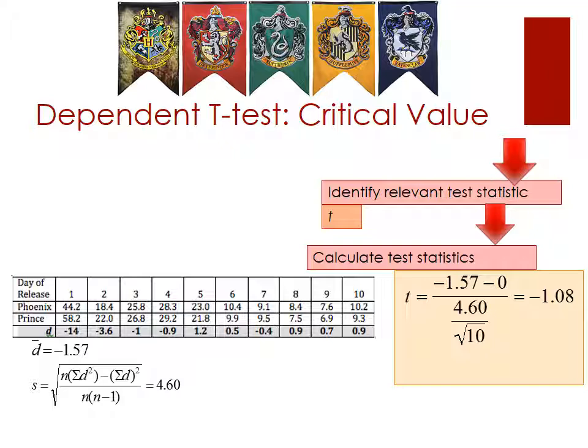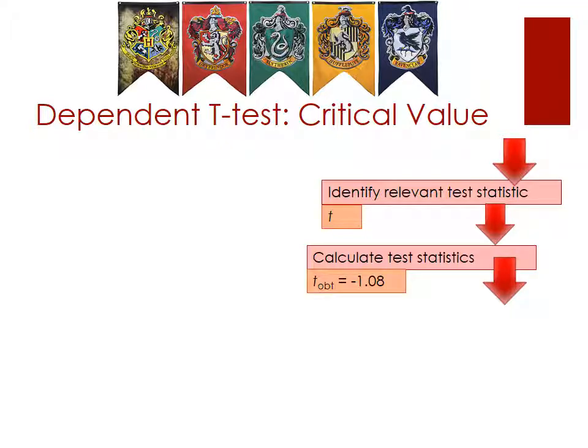Remember, we're testing the null, so we use mu D minus 0. That's where that comes from. And we plug in our values, and we get a negative 1.08. So that is my t obtained.